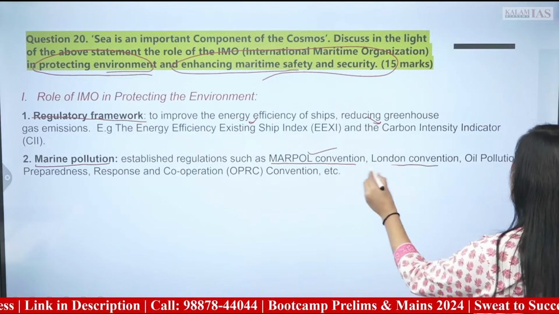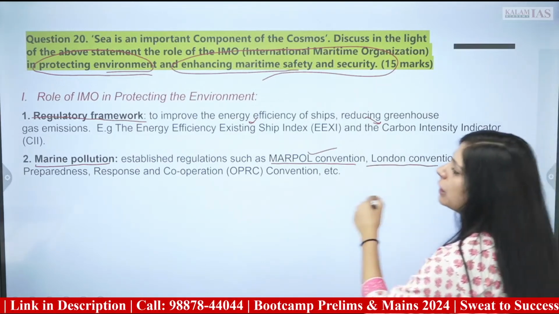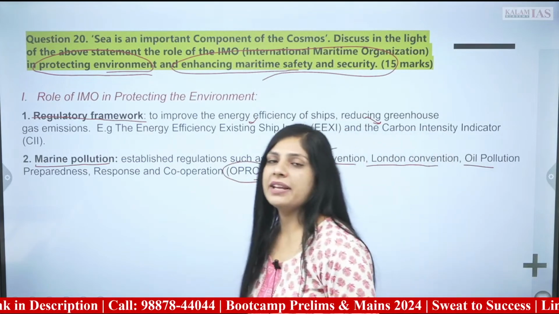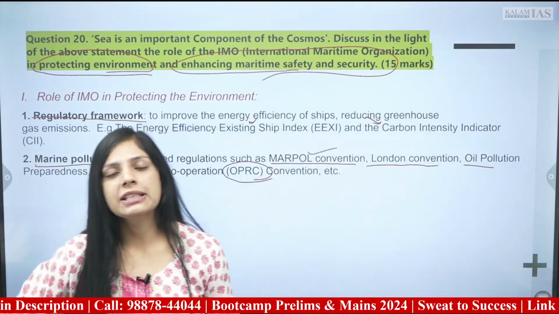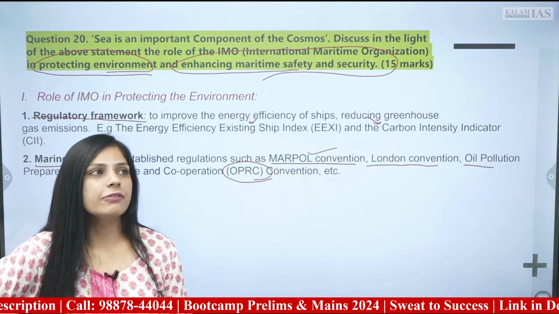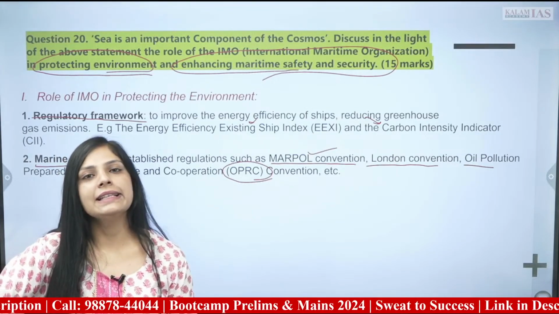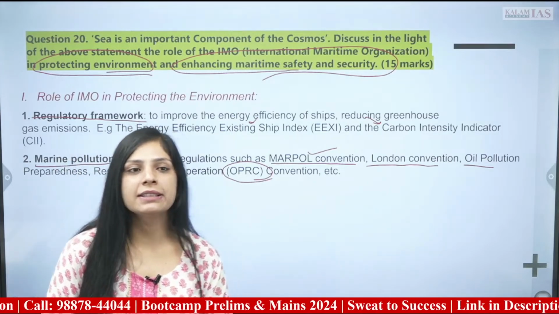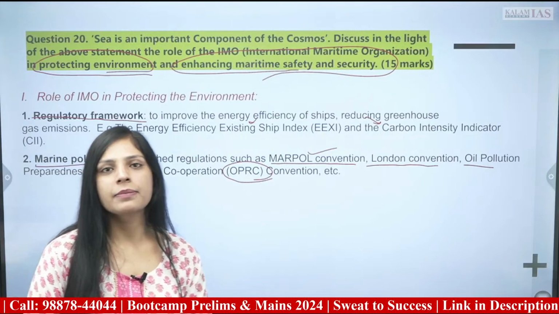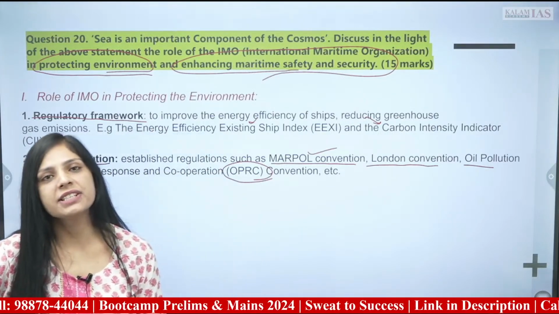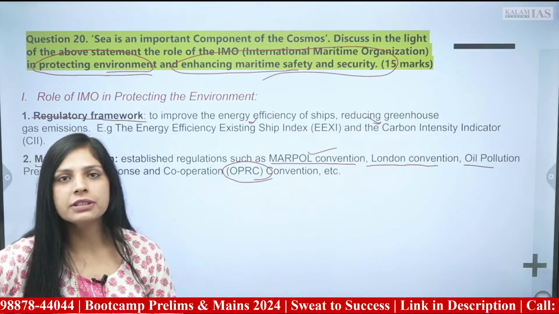Apart from this, there is the London Convention, and the Oil Pollution Preparedness, Response and Cooperation, the OPRC Convention. OPRC Convention is mainly about building the capability of the countries in dealing with the major oil spills which are taking place in the maritime area, right? So these are the conventions for marine pollution.